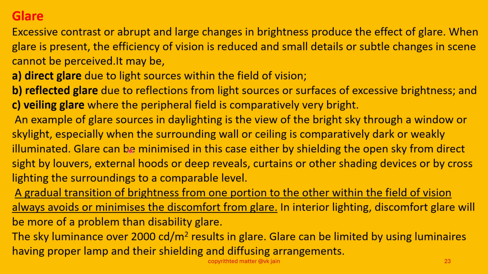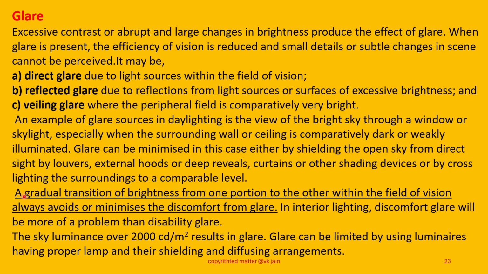Glare can be minimized in this case either by shielding the open sky from direct sight by louvers, external hoods, and deep reveals, curtain or other shading devices, or by cross lighting the surrounding to a complete level.